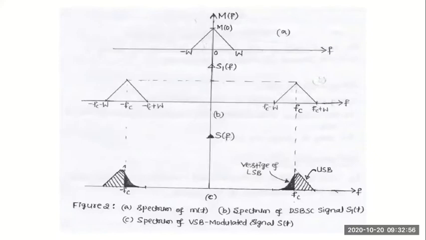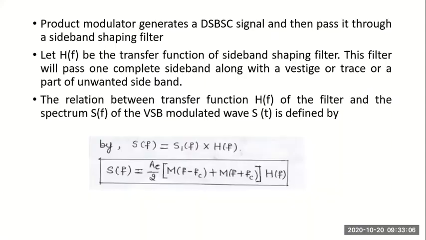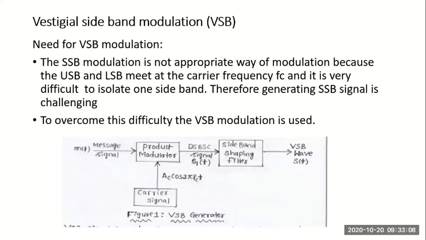I hope you understood how you should draw this vestigial sideband and how it looks. So let us try to derive the expression for this. For that, we'll consider the same circuit diagram, the message along with carrier given to the multiplier, and whatever DSB-SC signal is generated here, and I will consider this sideband shaping filter to have an impulse response h of t.